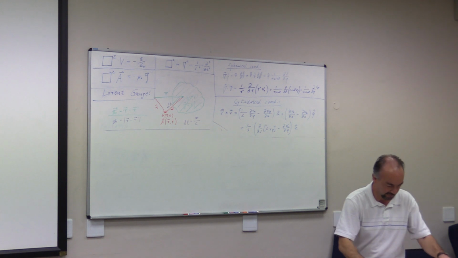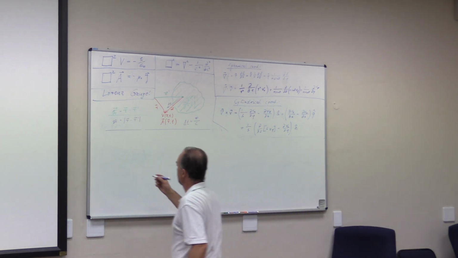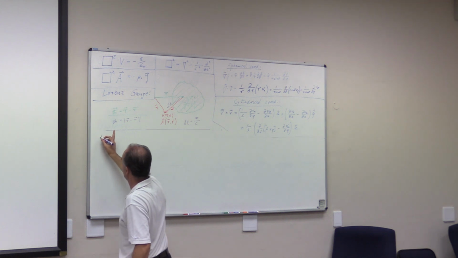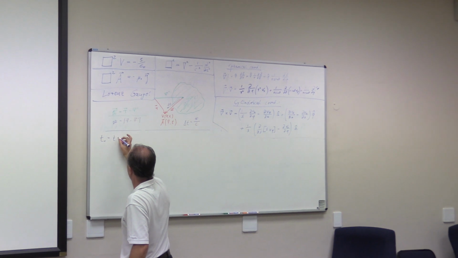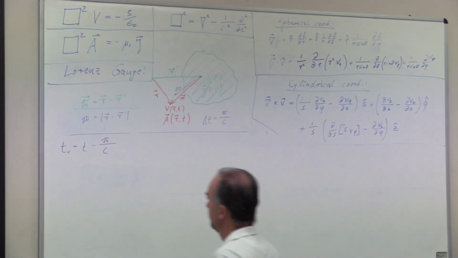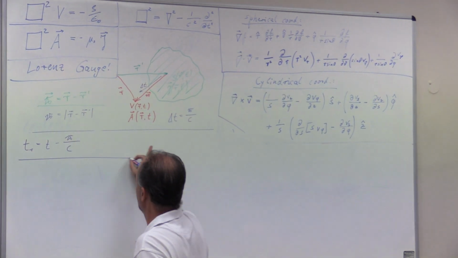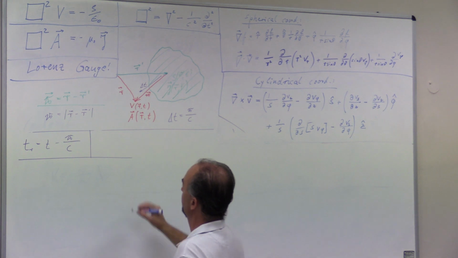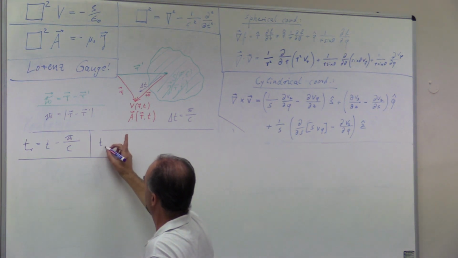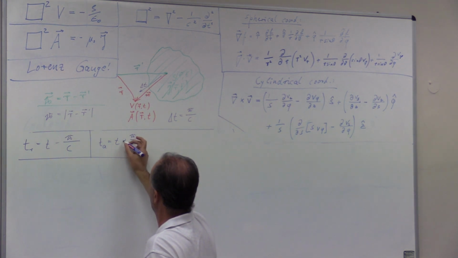So now if you go through this whole proof carefully, you can see we have chosen the time at which we evaluate that as the retarded time, t minus distance over c. But the proof works exactly the same way if you take an advanced time. So t_a is t plus r over c.